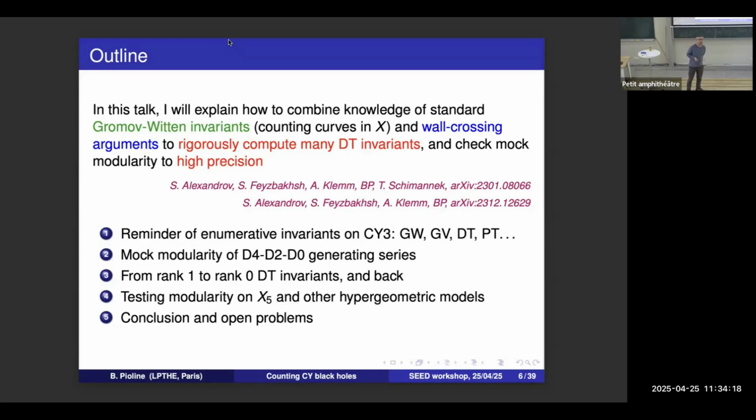Excuse me. Yes, please. Let me ask a maybe ignorant question. If one wants to count points in Calabi-Yau manifolds, then there is an analog of modular forms, which are maybe paramodular forms. They have more moduli.